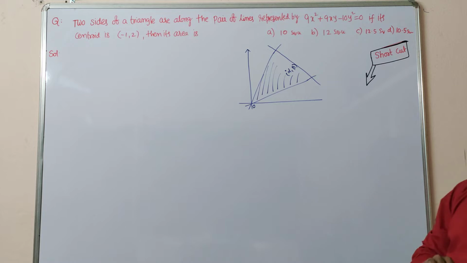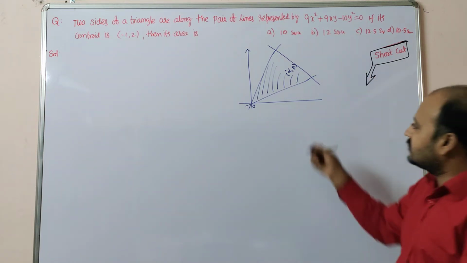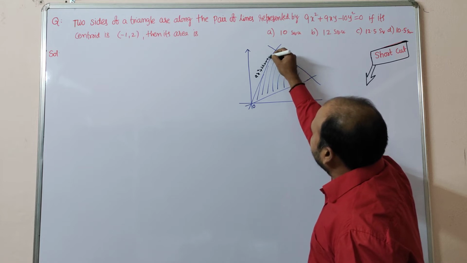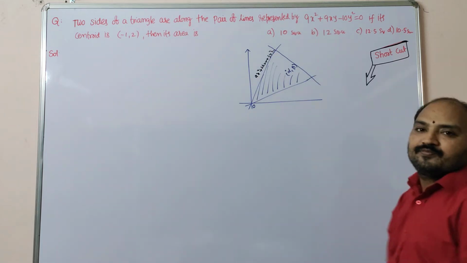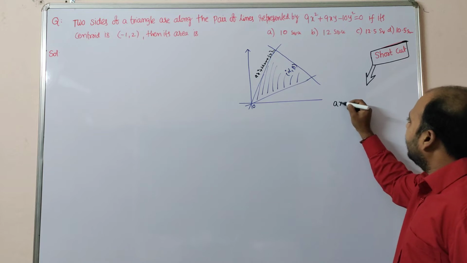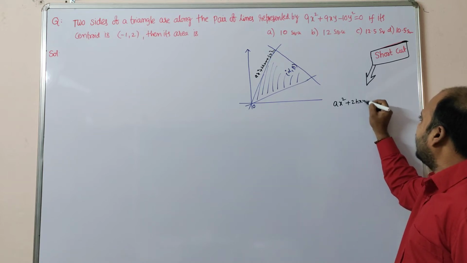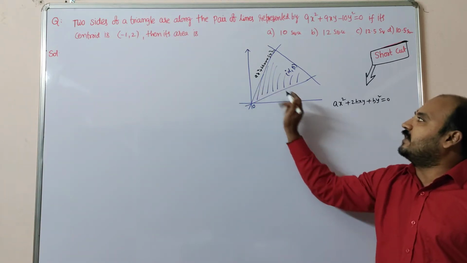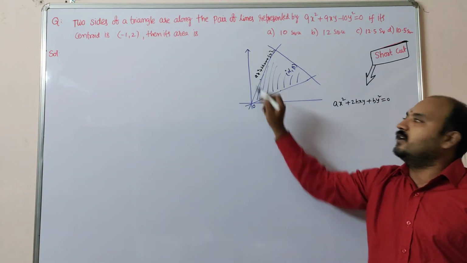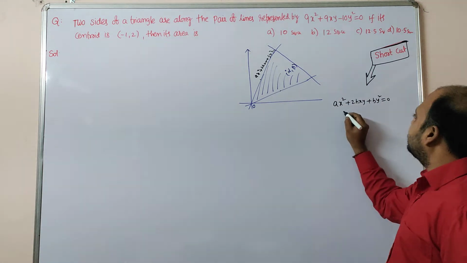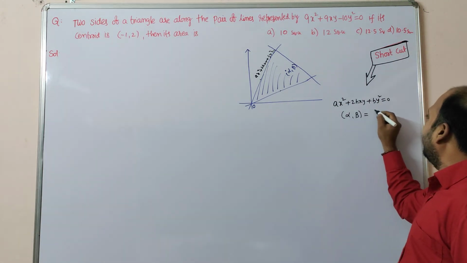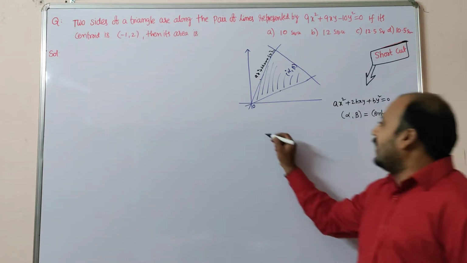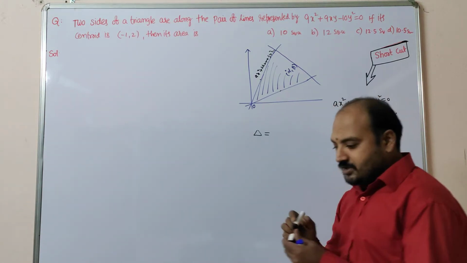When we know the pair of lines, this combination of lines is ax square plus 2hxy plus by square equal to 0. The pair of lines are these two sides, this side as well as this side, and alpha beta is the centroid. Then the area delta is equal to, the formula we are writing.